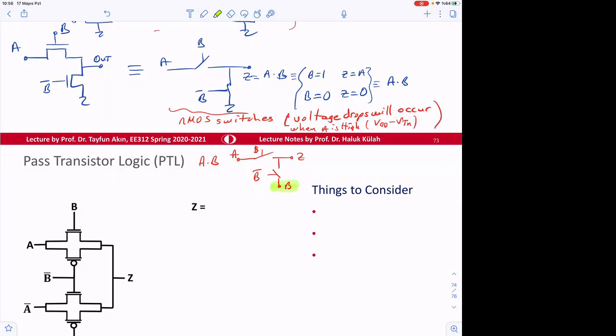So this is the way, and then that means we can consider, and then do this. Z is equal to AB.